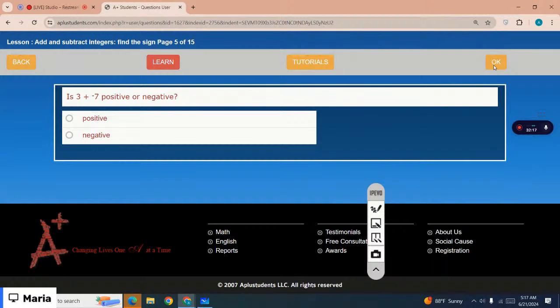3 plus negative 7. So you're adding a positive and a negative number, right? 7 is the greater number and 7 has a negative sign. So that means the answer must be negative. If either of the numbers is negative, you have to subtract them and look at the sign of the greater number, right?